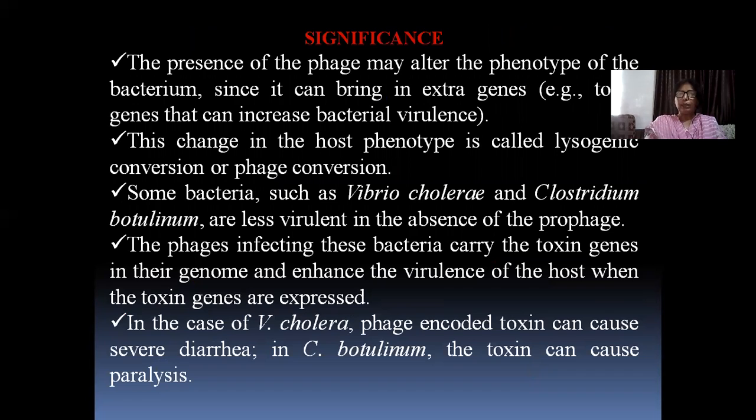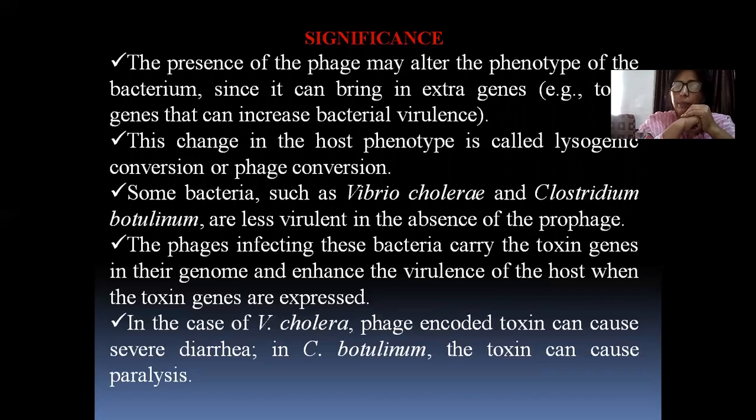What is the significance of the lysogenic cycle? Why are we studying this? In this type of life cycle of the phage, the presence of phage DNA in the bacterial DNA may alter the phenotype of the bacteria, since it can bring in extra genes in the form of viral DNA.